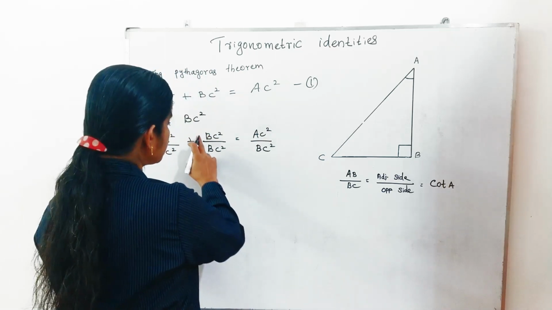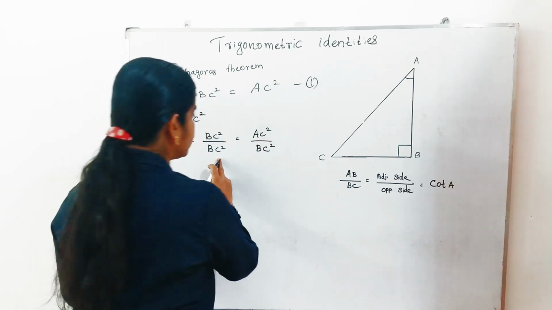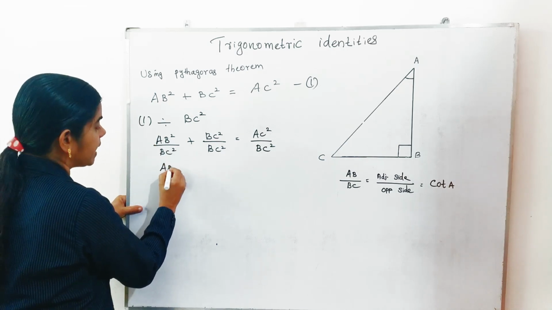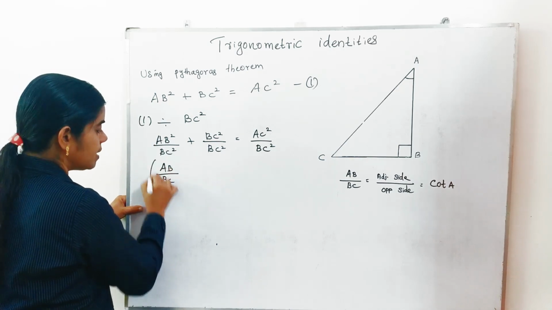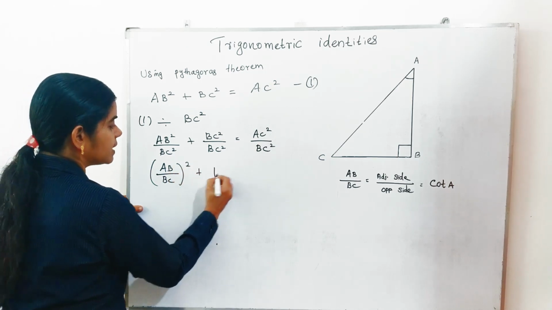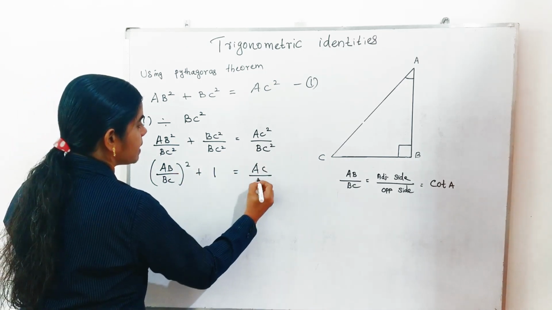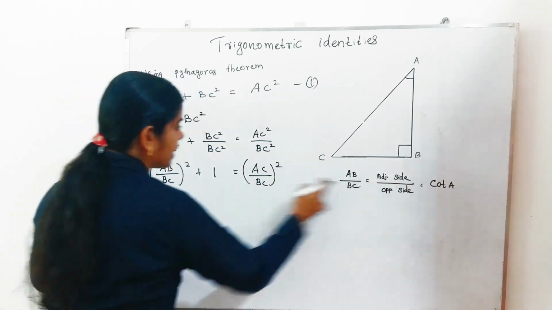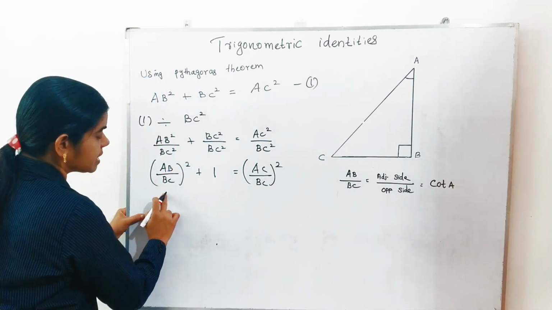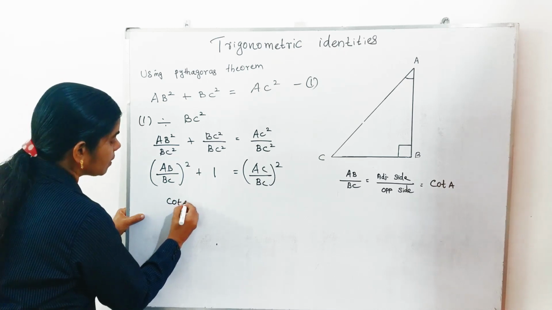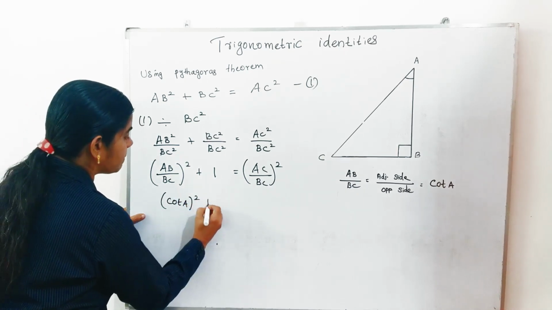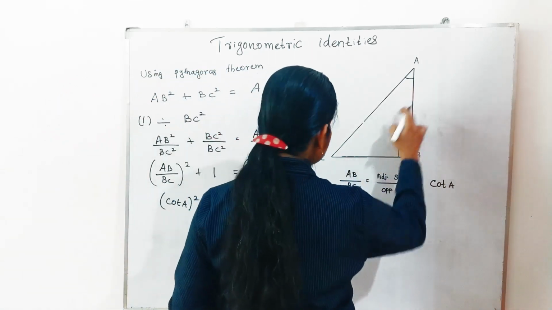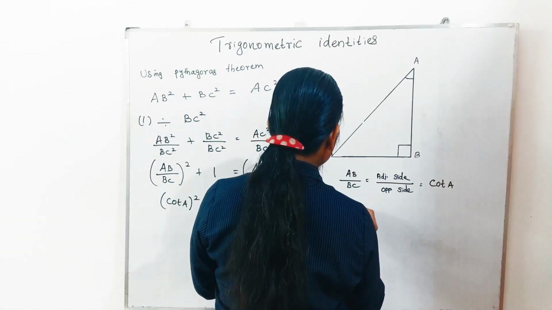Then next you look at BC by BC, you will get 1. So AB by BC whole square plus 1 is equal to AC by BC whole square. Then cot A whole square plus 1. Then what is AC by BC?